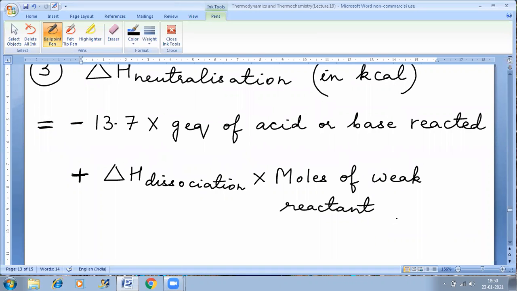So minus 13.7 into GEQ of acid or base reacted plus delta H dissociation. This is called enthalpy of dissociation. जो मैं आपको बोल रहा था कि weak है तो वो थोड़ी energy लेता है, absorb करता है. So delta H of dissociation multiplied by moles of the weak reactant reacted.